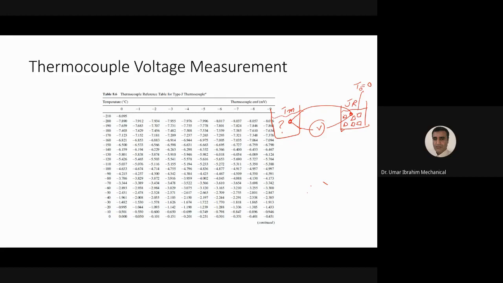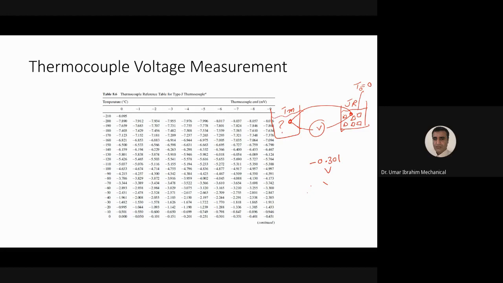And when I perform my experiment, I get a value of, let's take a fixed value, minus 0.301 volts.